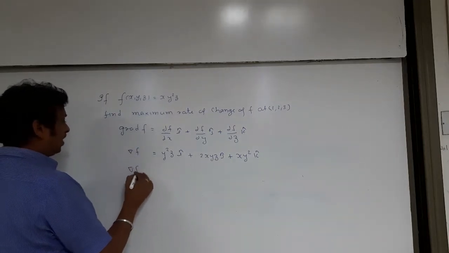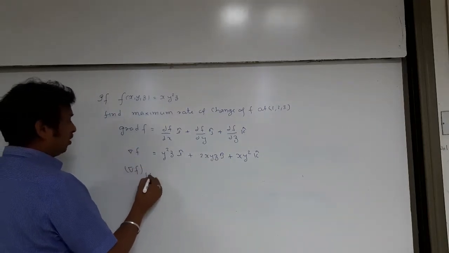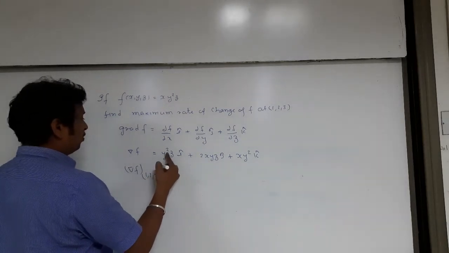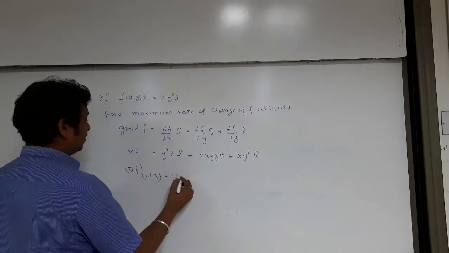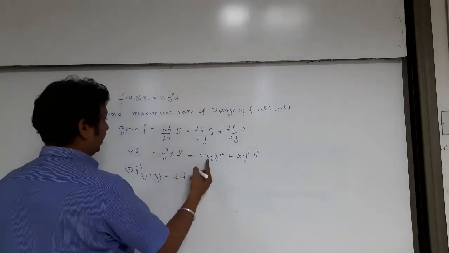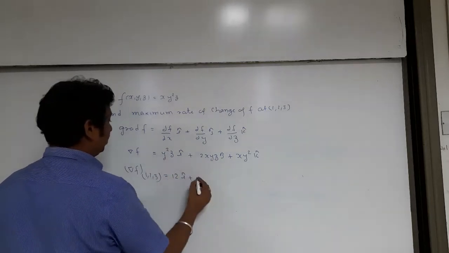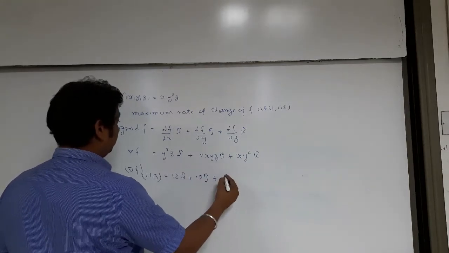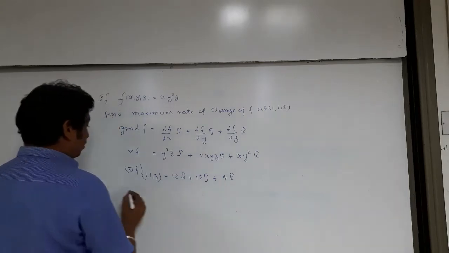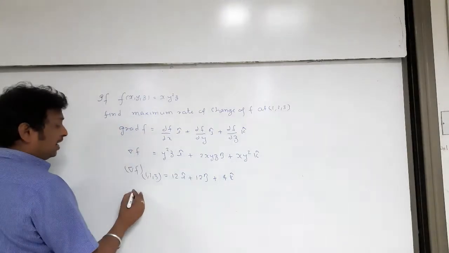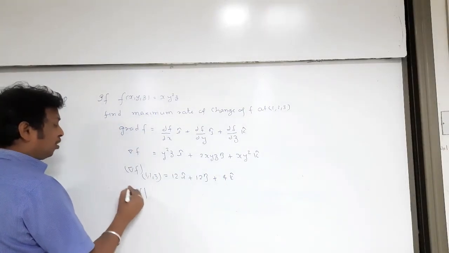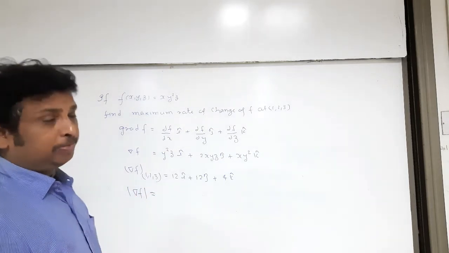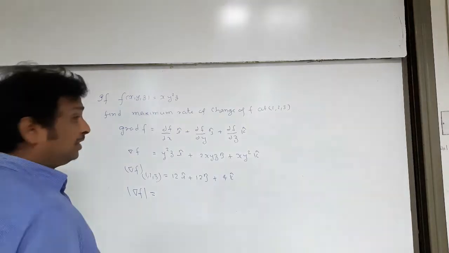So what is del f at the point 1, 2, 3? y square z is 2 square times 3, which is 12 i. 2xyz means 12 j. xy square is 4 k. The maximum rate of change, as I already told you, is the modulus of the gradient. The modulus of the gradient always gives the maximum rate of change in that direction.